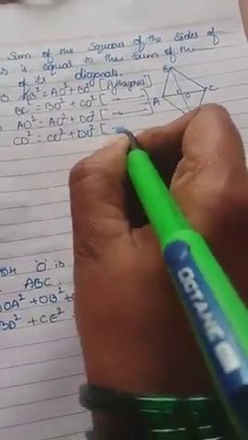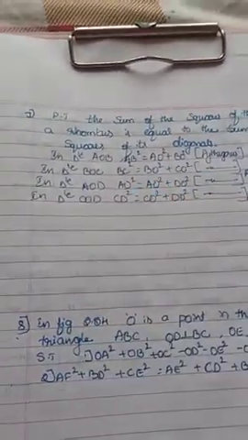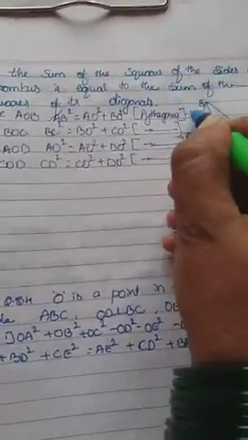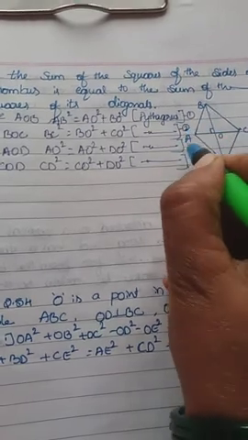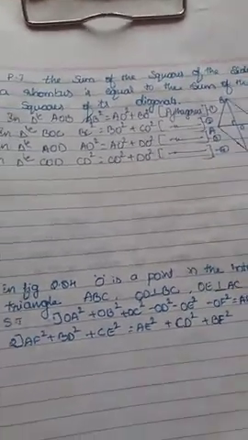So we can write like that, right? These are the four triangles according to Pythagoras theorem. Take this as equation 1, this as 2, this as 3, and this as 4. Now add all the equations.